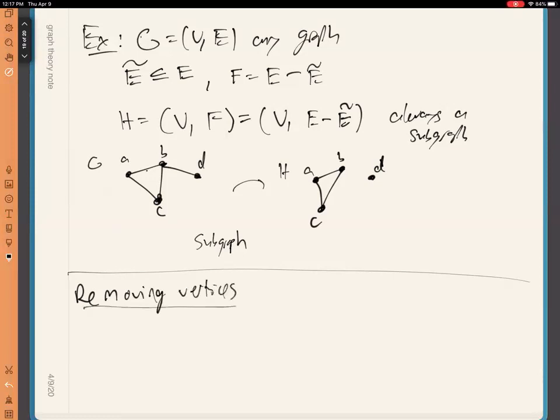Right, so let me just write out what has to be done. Suppose V is a vertex in the graph G, right?